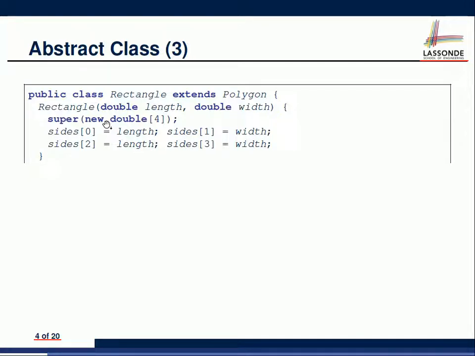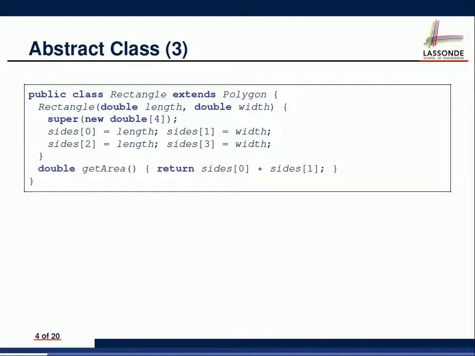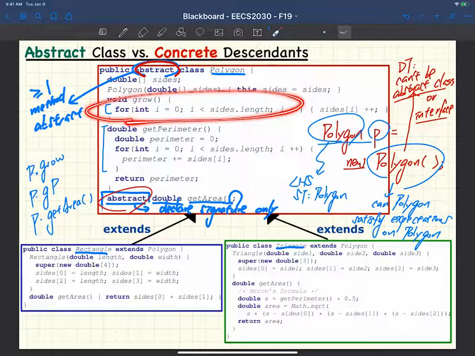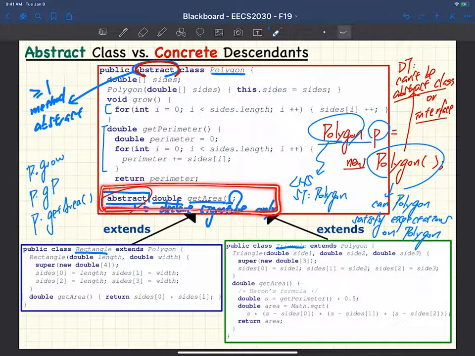Basically, you're going to make the first and third positions be the width, and the second and fourth positions be the height, the length. We'll see that. You can see that everything else is inherited. The grow method is inherited verbatim, and getParameter is also inherited verbatim. The only thing that we have to implement is the abstract method.